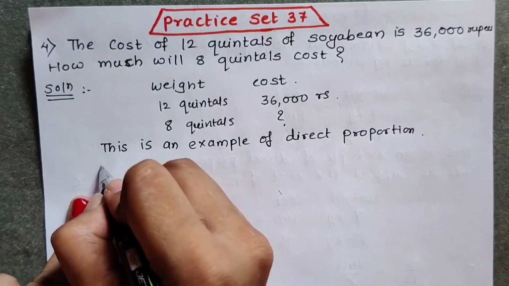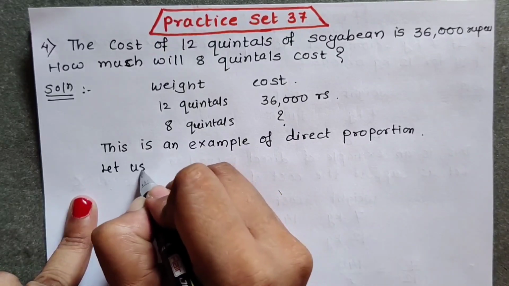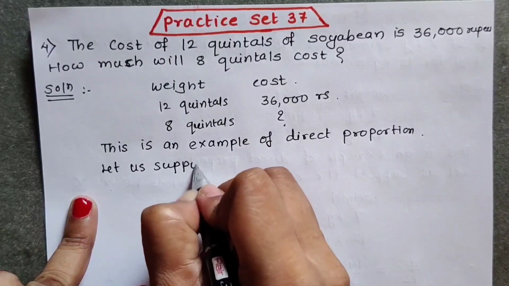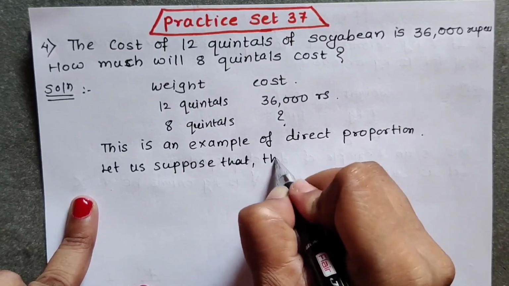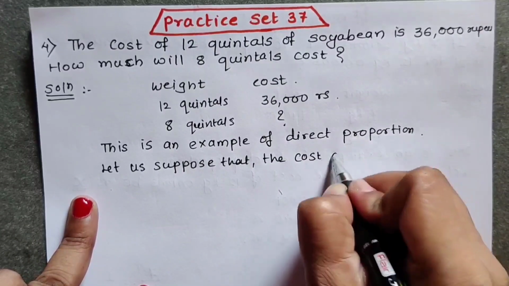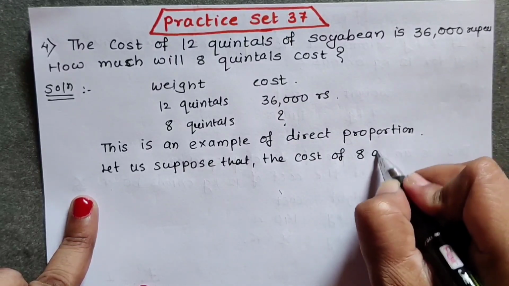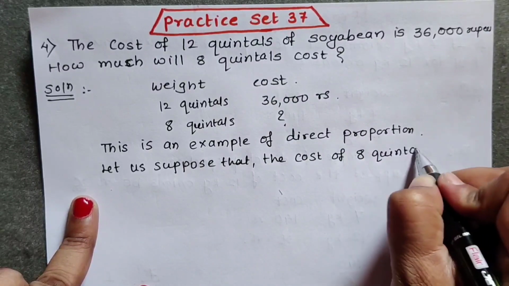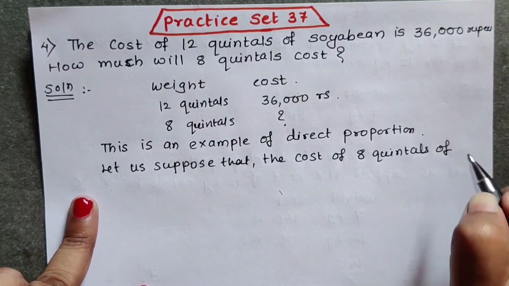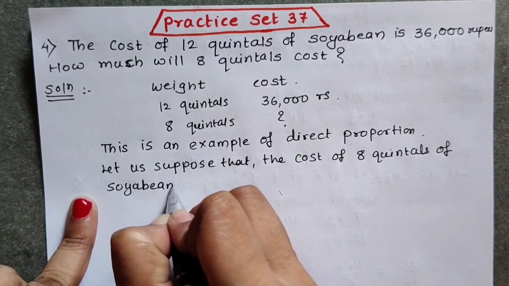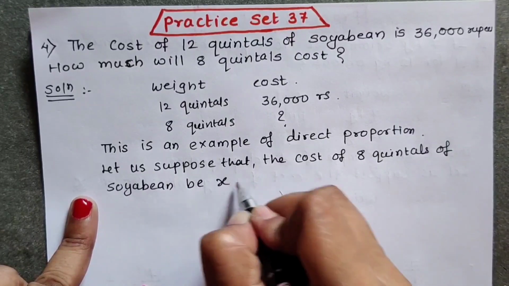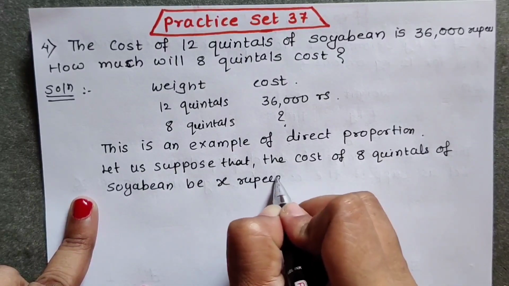Now let us suppose that the cost of 8 quintals of soybean be x rupees.